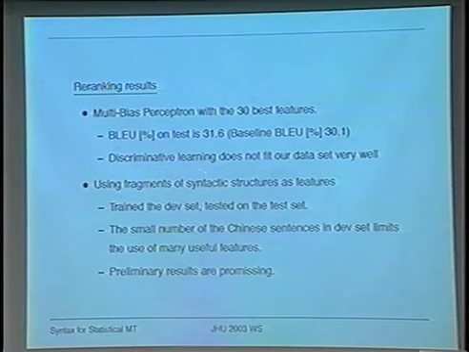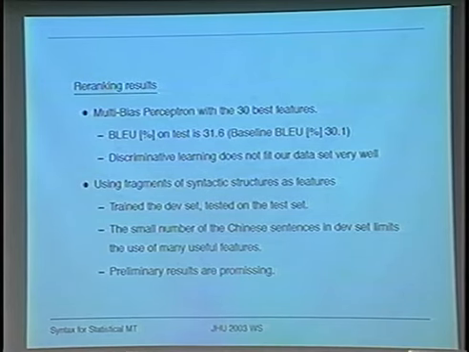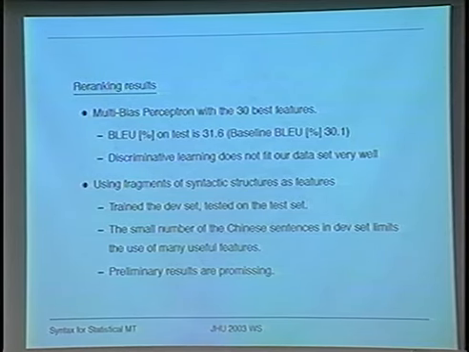The reason, we think, is that discriminative learning is not a good algorithm for the data set we have been using, because we have a huge n-best list and a very small number of Chinese sentences, which means that it's more like a regression problem, and we cannot get a large set of samples. And this is not good for discriminative learning.